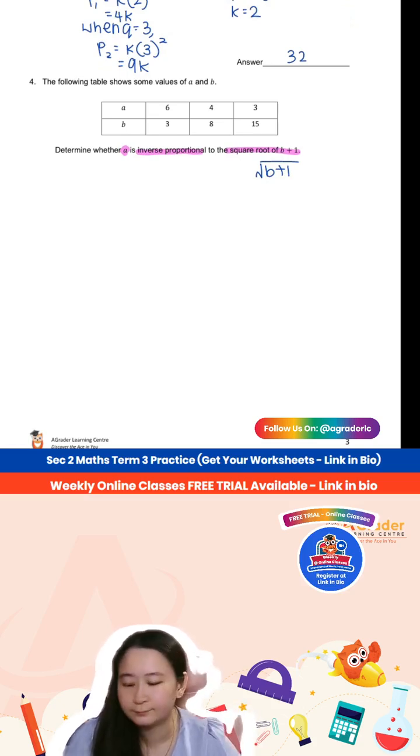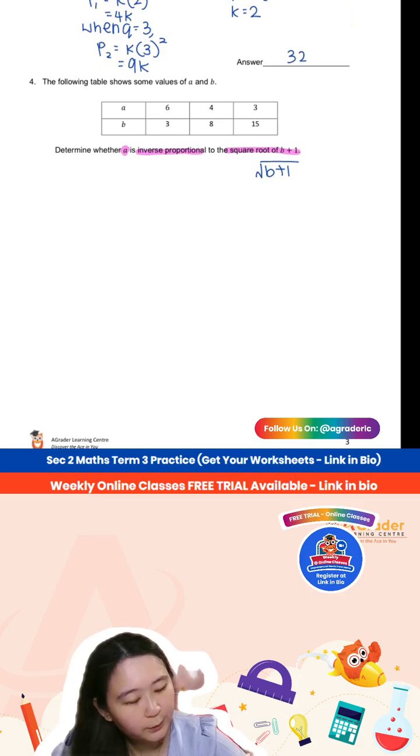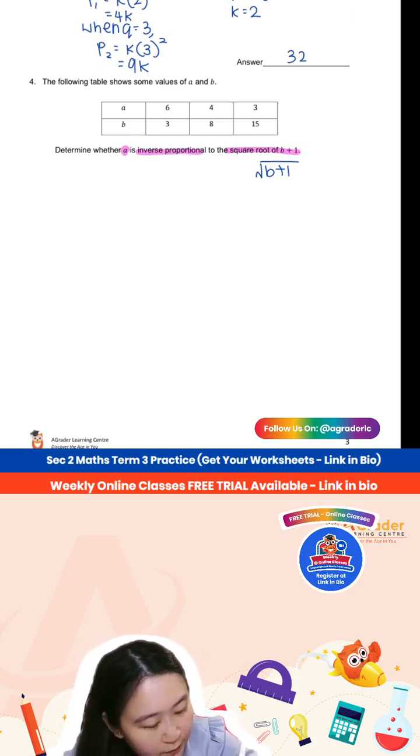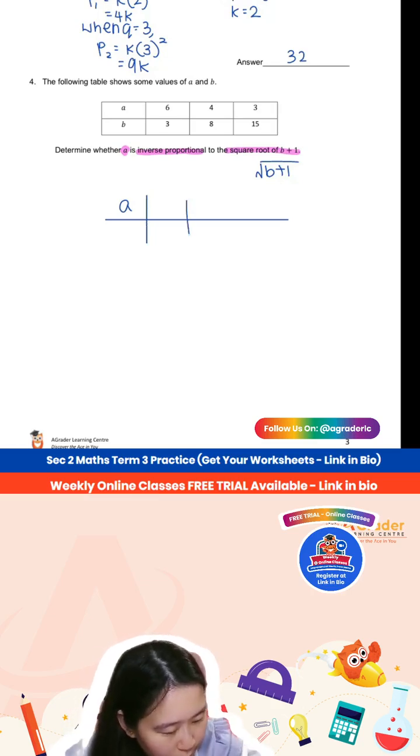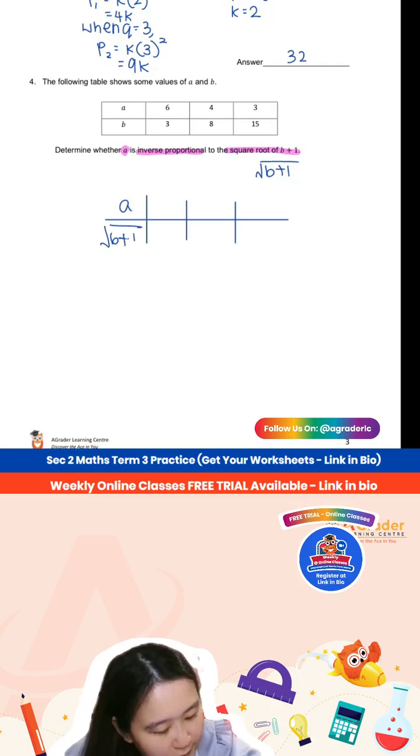So what you can do is change the table of values. We have A and square root of B plus 1 now.